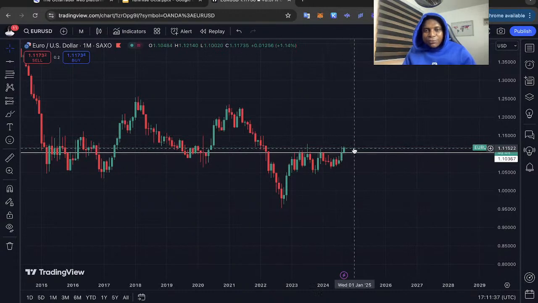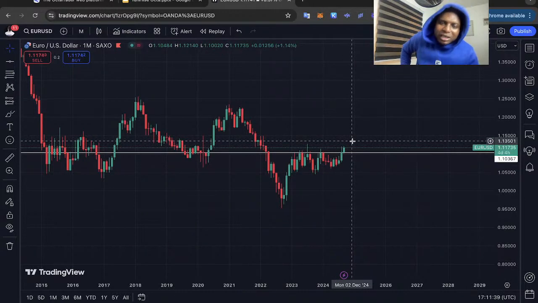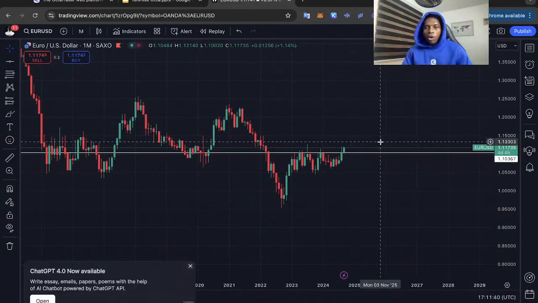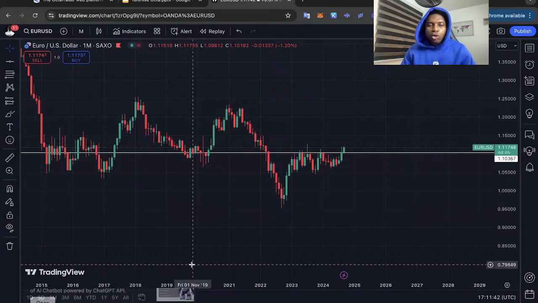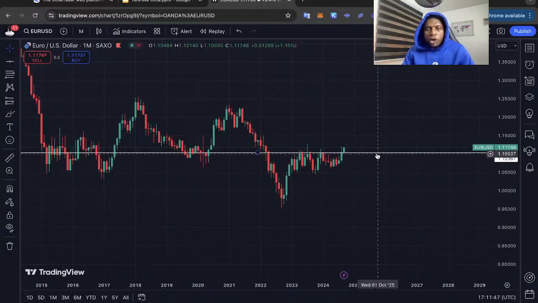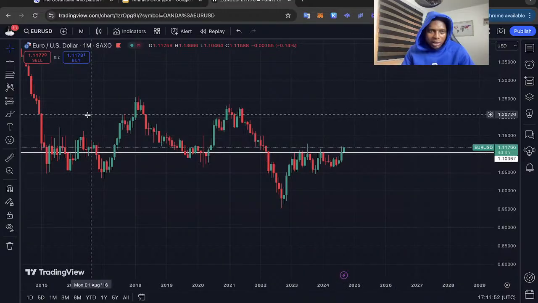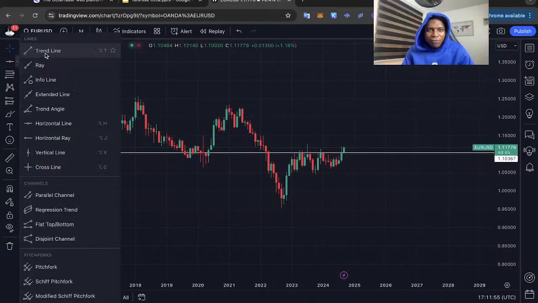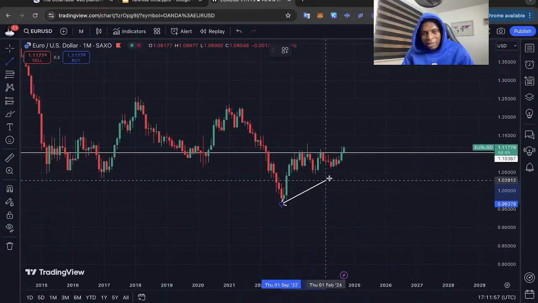Now breaking out from this zone makes it quite an interesting journey for EURUSD going forward. For EURUSD to have broken out of this key level on the monthly time frame, because we can see here that this level has been building momentum for a while.